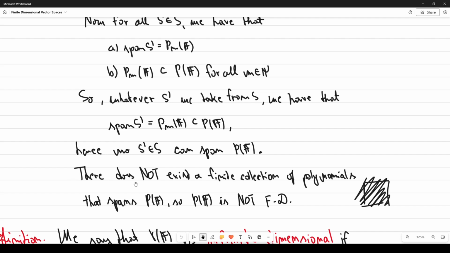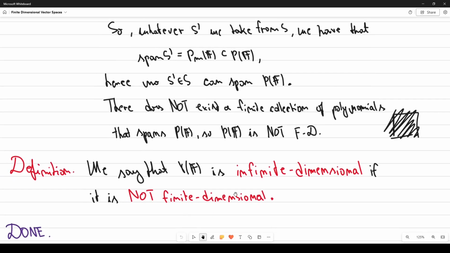So there does not exist a finite collection of polynomials that spans the vector space of all polynomials. So, by definition, it is not finite dimensional. For it to be finite dimensional, there has to exist a finite collection of vectors that span it, but we've just demonstrated that no matter what finite collection I try to choose, it can never span the whole space P of F. And that concludes the proof.